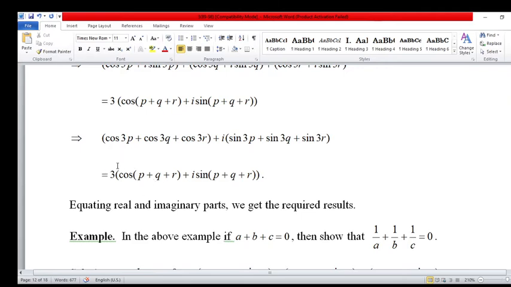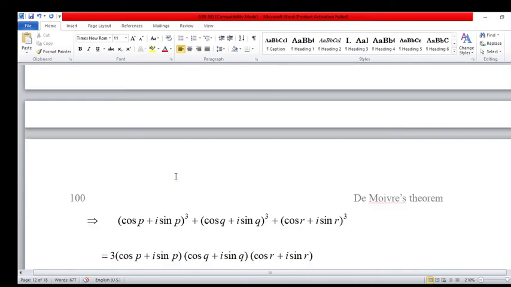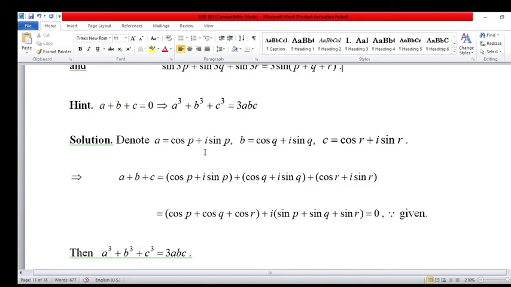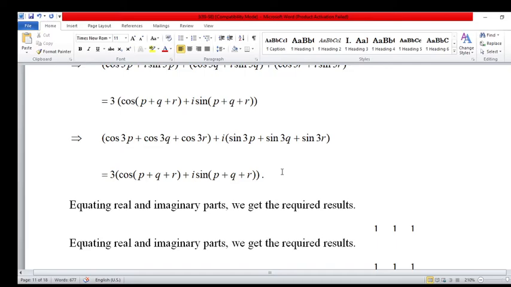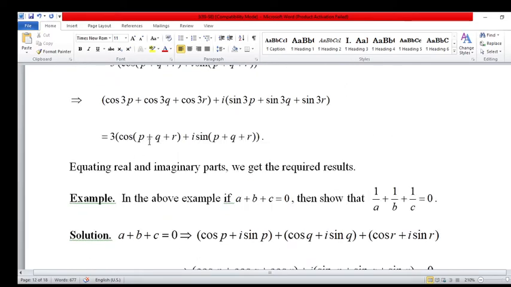The real part means without i, so cos 3p plus cos 3q plus cos 3r is equal to thrice into cos of p plus q plus r. And the imaginary part, the second result: sin 3p plus sin 3q plus sin 3r is equal to thrice sin of p plus q plus r. This is the second result.